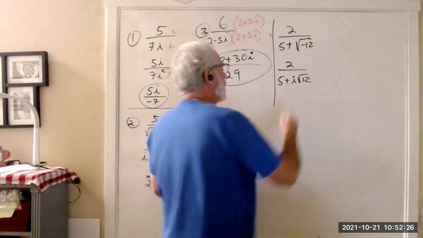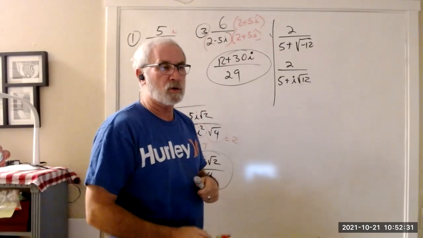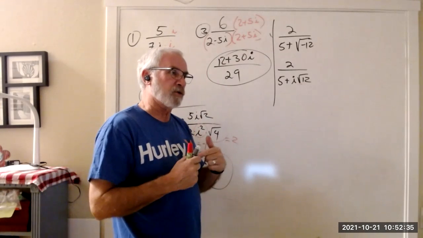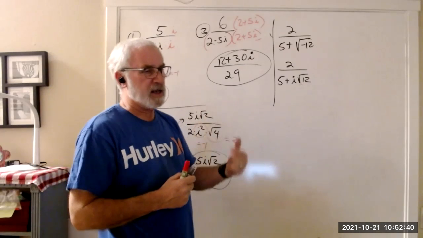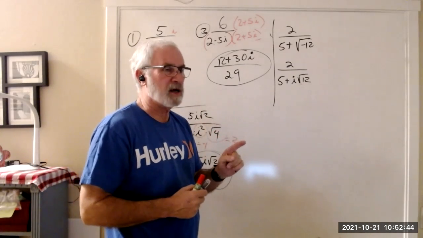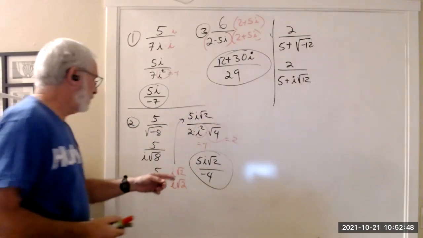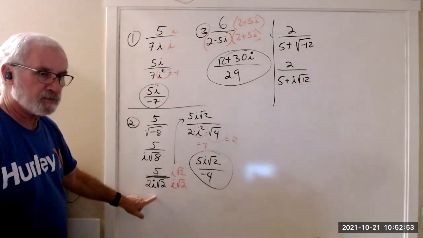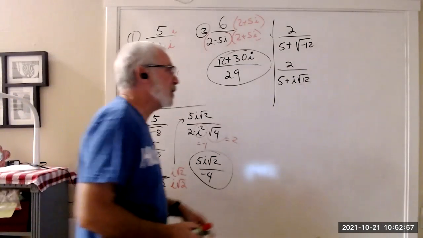I'm not even going to bother to clean up that square root of 12, because remember, our rules for radicals only have to be simplified in the final answer. They don't have to be simplified in the middle of the problem. Sometimes it helps you, sometimes it's good to simplify the square root of 8 in the middle of the problem, but it doesn't matter. Eventually you have to.